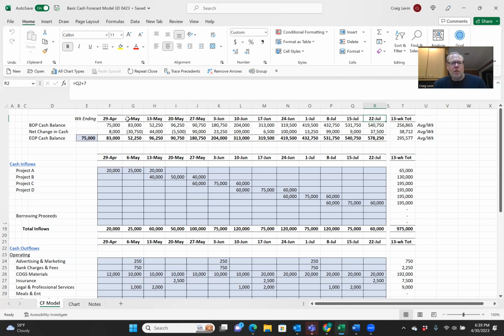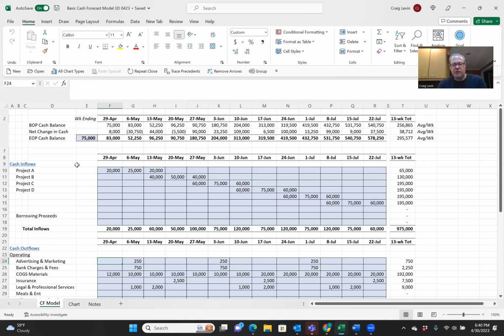Now, where you want to put your cash inflows and outflows in this model is in the week that you're actually going to receive money or spend money. You may be spending money for something that is going to last you for a year, let's say your insurance.